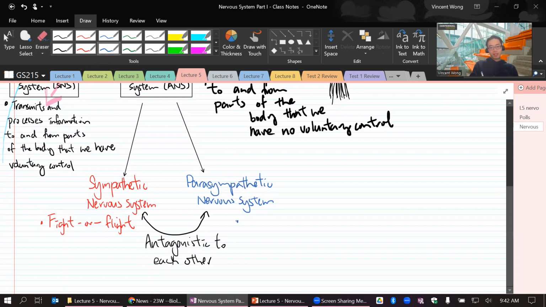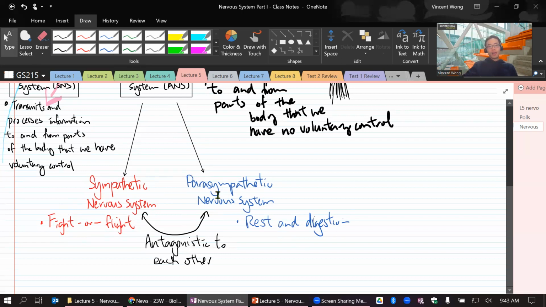Whereas the parasympathetic system is more like rest and digest, they call it. This is more of a relaxed mode. So if you think about fight or flight, your heart rate goes up. Rest and digest, your heart rate goes down.